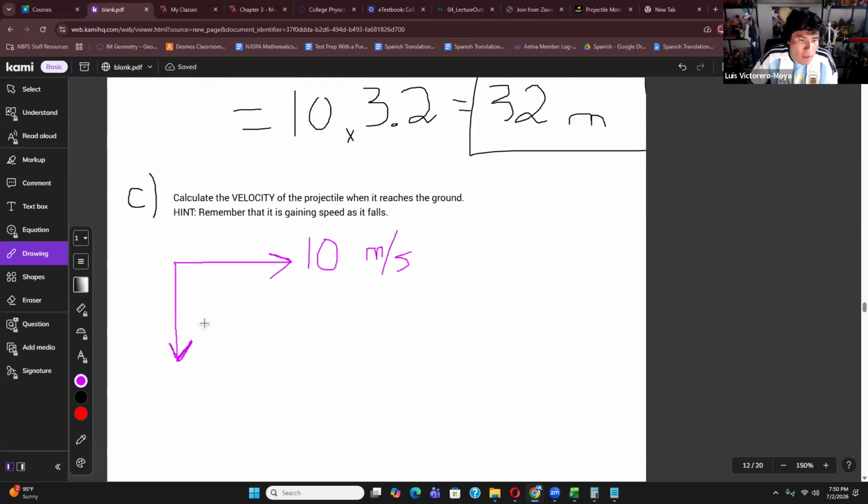Okay. V final on Y is V initial on Y plus gravity times time. This is gaining speed. V initial on Y is 0. Gravity is just 9.8.